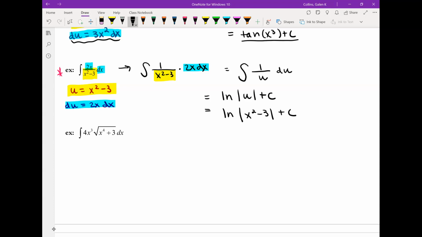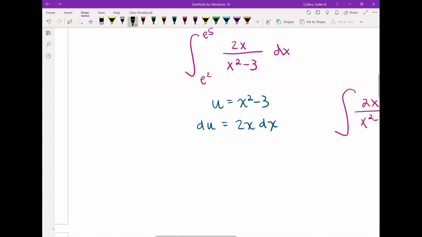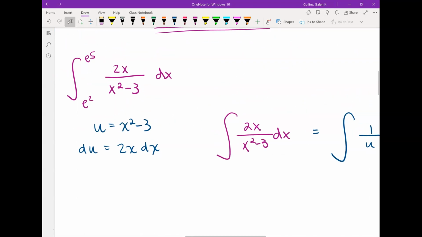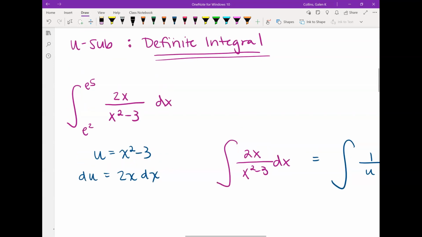All right, so out to the side, I want to look at what happens when we're working with a definite integral instead. And so I have the same example, but I went ahead and gave it limits of integration. So e squared and e to the 5th power are the limits, and that's what makes this a definite integral. So this is the same example we just looked at.